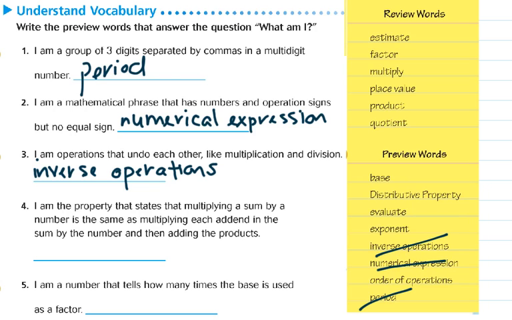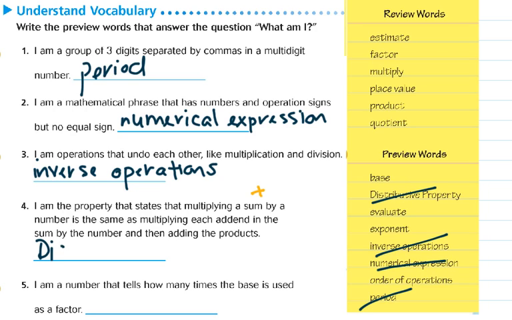Number 4, I am the property that states that multiplying a sum by a number, and remember, sum is talking about addition, is the same as multiplying each added number in the sum by the number and then adding the products. That is distributive property.